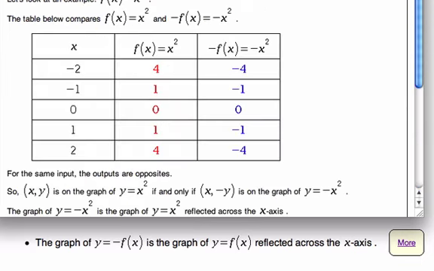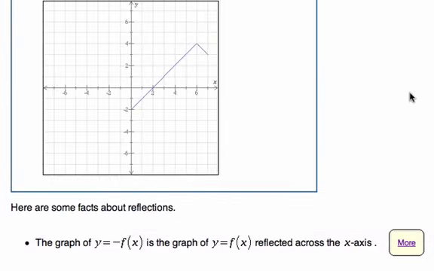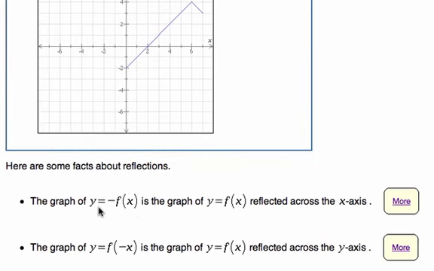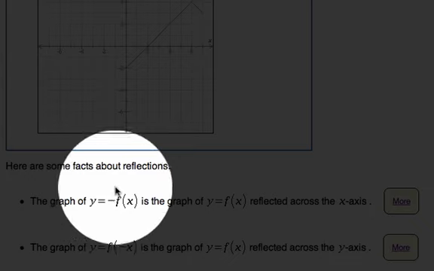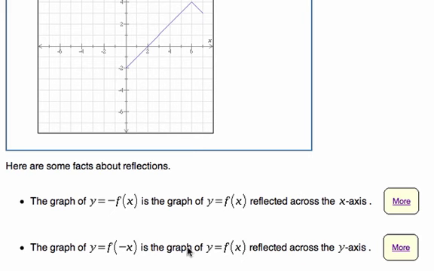So now, basically, instead of trying to memorize which one is which, I would just look at this and say, okay, x stays the same, but f of x represents the result, or the output. So that's your y value, but my y value will change signs. Okay, and then apply that to your graph.